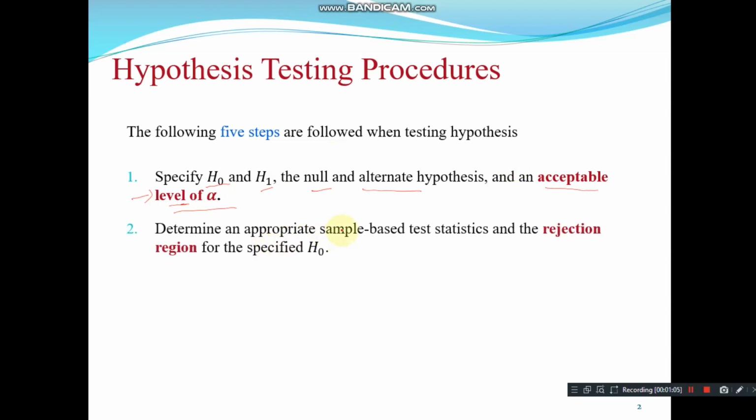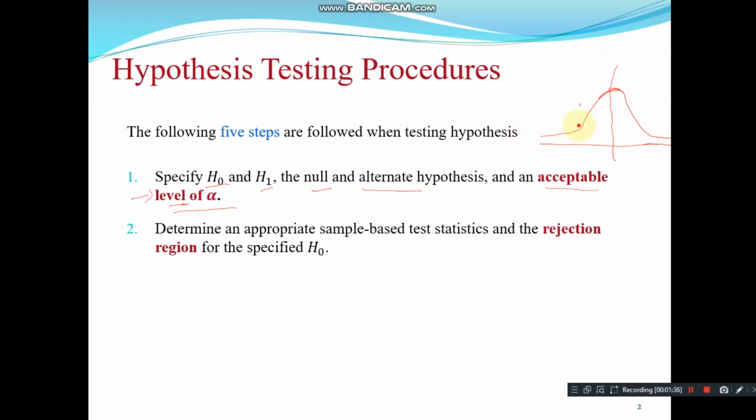Determine an appropriate sample based test statistic and the rejection region for the specified H0. That means we should find the acceptable region and the rejectable region. Suppose this is a sampling distribution and this is the symmetrical line exactly at the peak value, its maximum value.